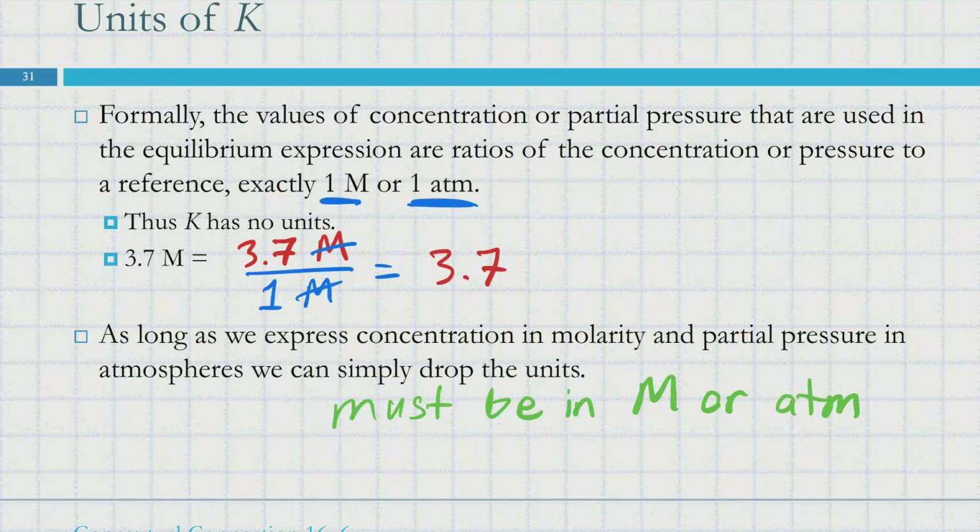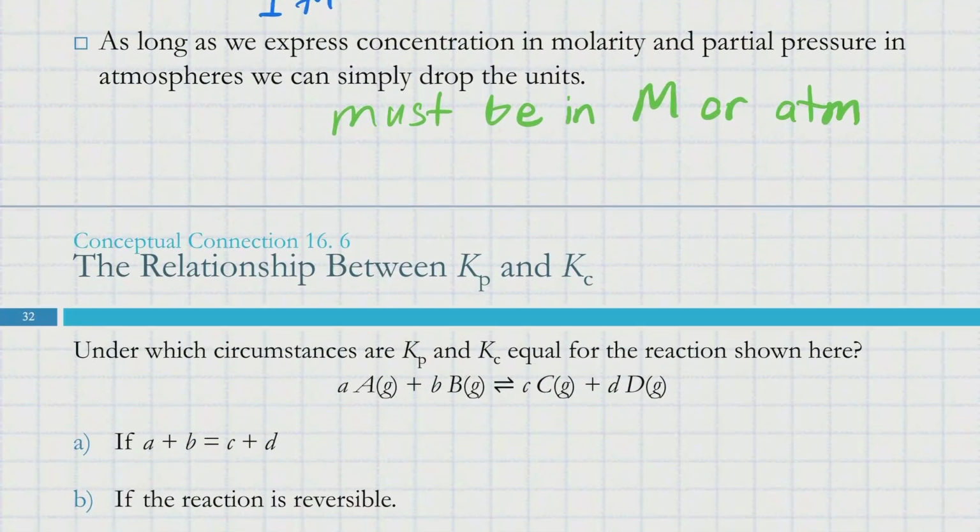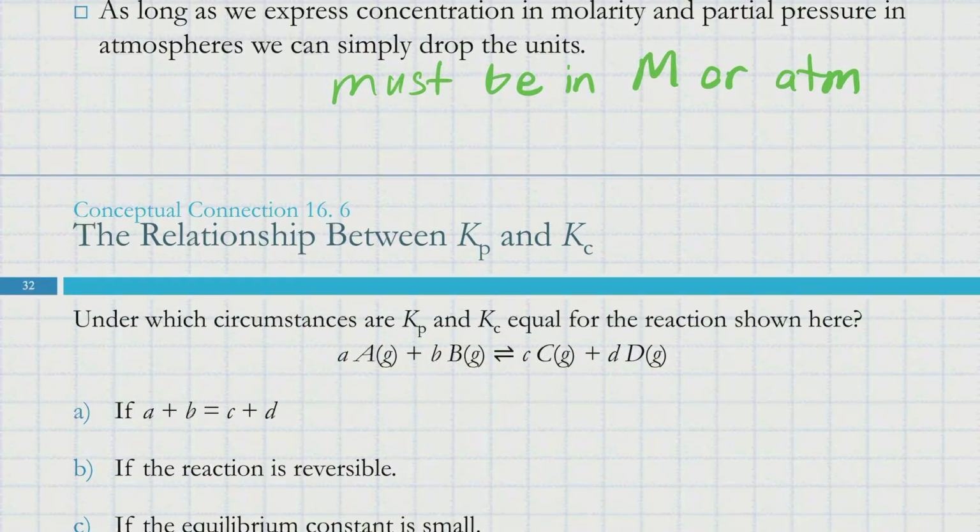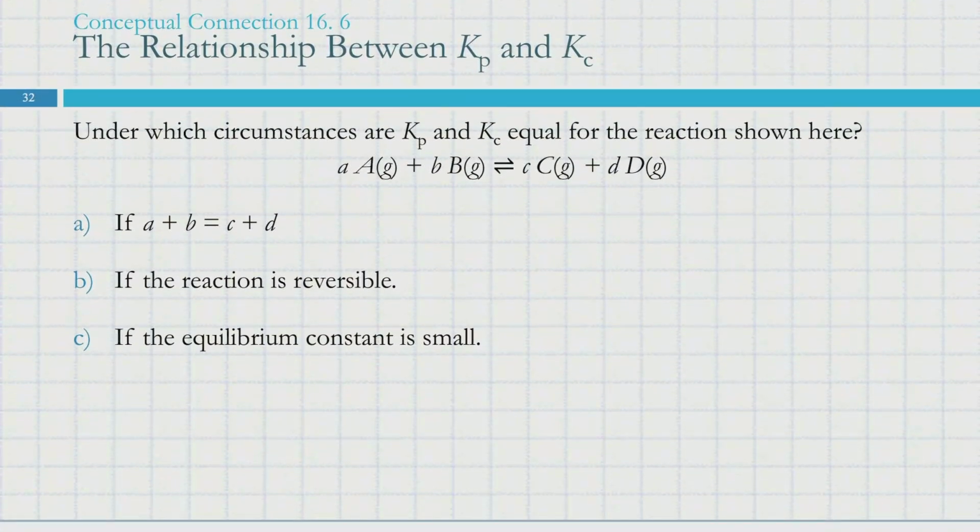All right, let's see if we can knock out a couple more slides. We've got a generic reaction. In some cases, Kp and Kc for this reaction are going to be the same. Is that going to be when lowercase a plus lowercase b equals lowercase c plus lowercase d?